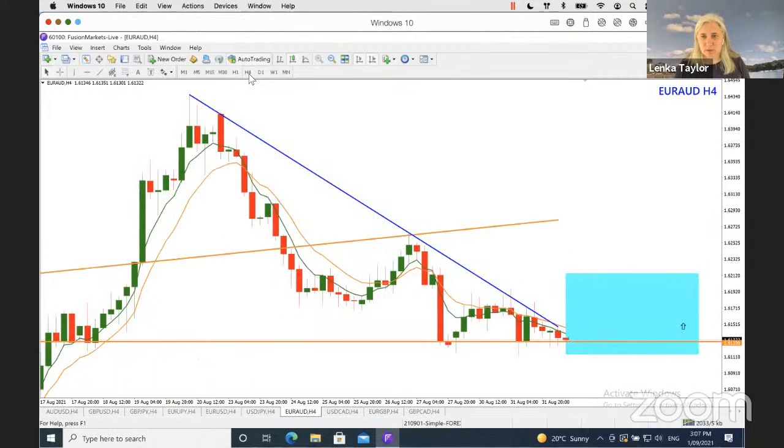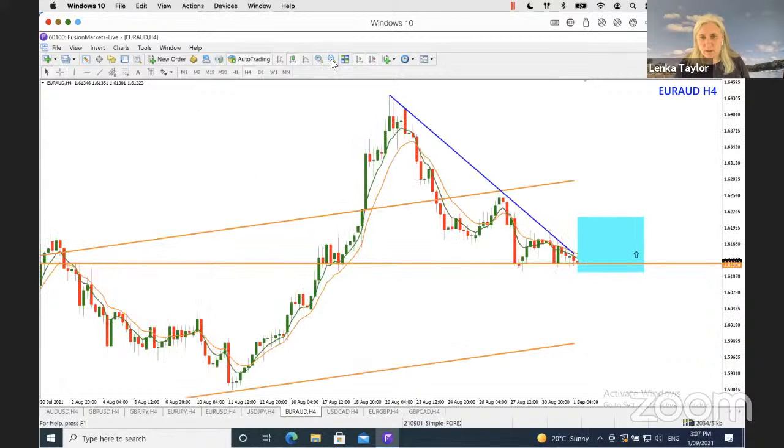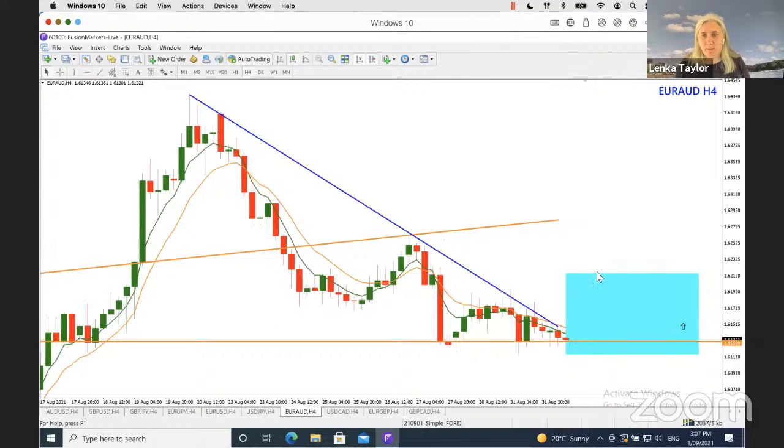The daily doesn't look favorable for a long, so we might need to just wait for the price to maybe pop up, and then come back and retest again, or it depends if there is really strong price action around this area. That would be good too. So looking for a long on this one.